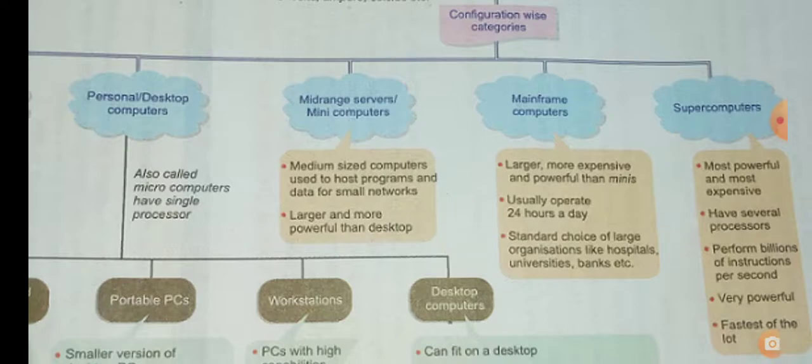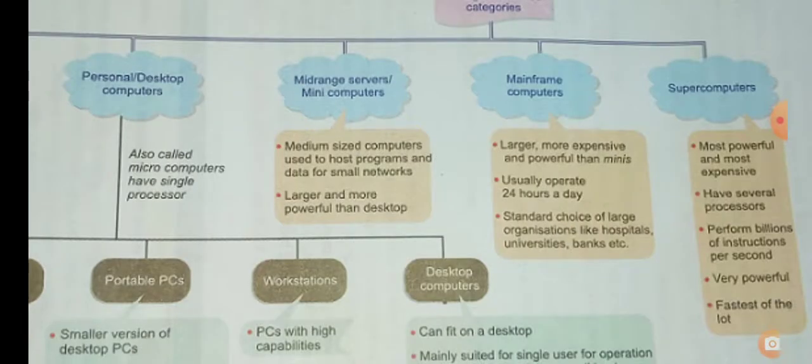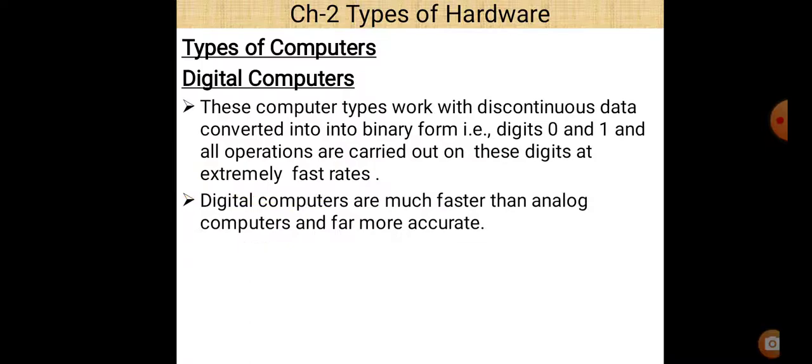Then mainframe computers are large computers, and they can usually operate 24 hours per day. And last, supercomputers have more than one processor and are very powerful. So this is the classification of different types of computers.